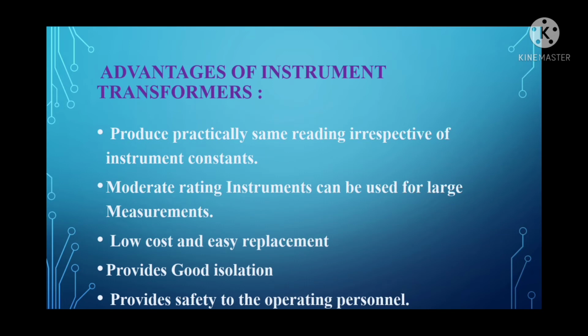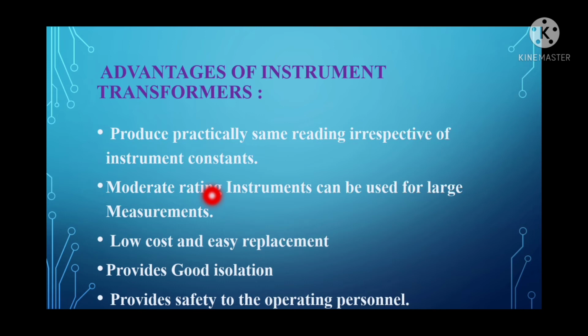So let's discuss the advantages of the instrument transformer. It produces practically the same reading irrespective of instrument constants. Even if we make use of shunts and multipliers, in that case the constants of the instruments will be added to the readings obtained in our instruments. So when we make use of the instrument transformer, we can eliminate those constants.